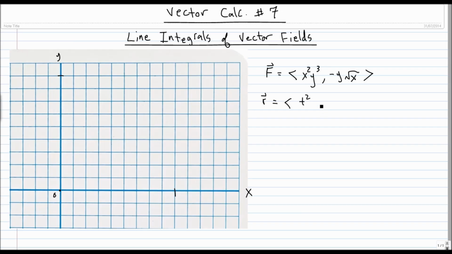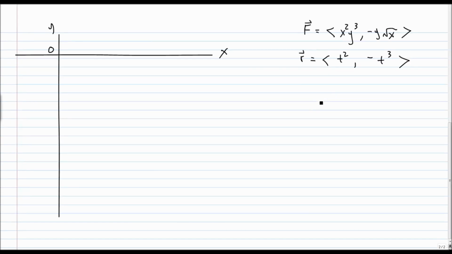So in this example, I have that the parametric equation of the line that the particle moves across would be this. Okay, so let's plot this trajectory.